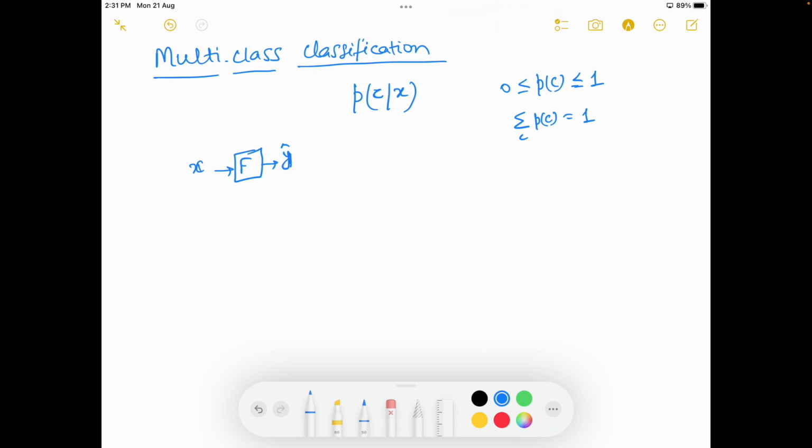How will you model P of C given X using F, using Y hat? Try to get the information of P of C given X from Y hat.